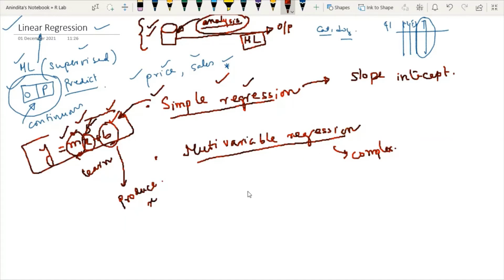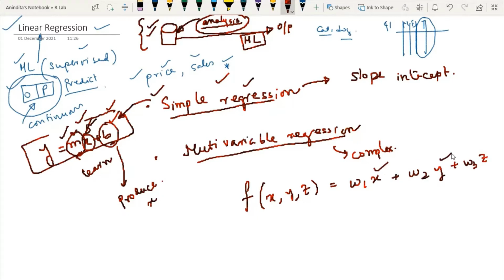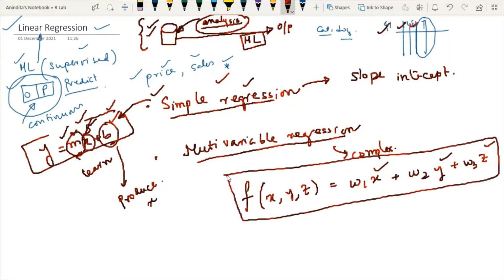For example, say we have variables x, y, and z, and we have an equation like w1x, w2y, and w3z. Here x, y, and z represent some attributes or features. So this is the equation, and at that point we have three variables.